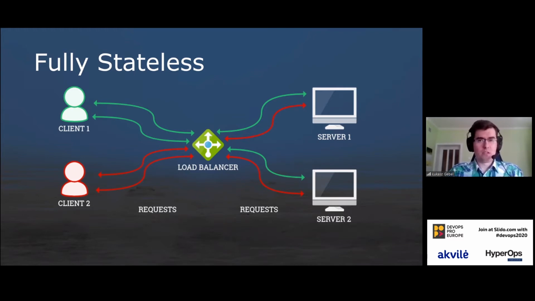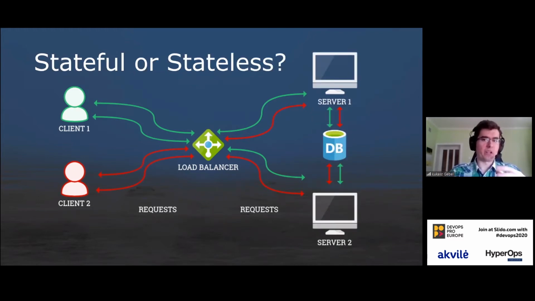The second model, which is quite controversial as I read on the internet, is stateful or stateless. Here we also have a number of the same servers that handle requests. However, they have to communicate with a third-party component that keeps state, for example a database or some kind of cache, storage, and so on. I was surprised because there are some opinions that this architecture is also stateless, because according to these opinions, servers can handle requests from different clients.